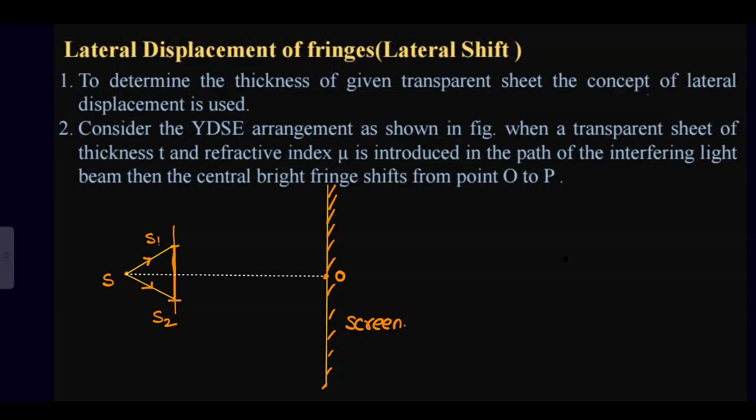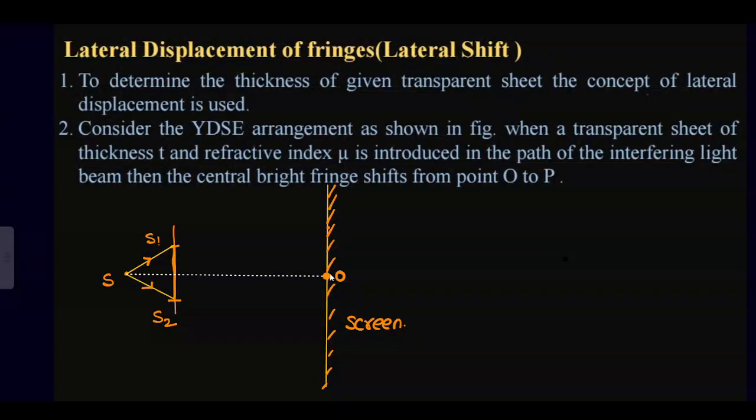Now here, in the path of this light ray, I have placed some slab or some object, some glass slab. That means instead of going here, this maxima will shift to some other location.